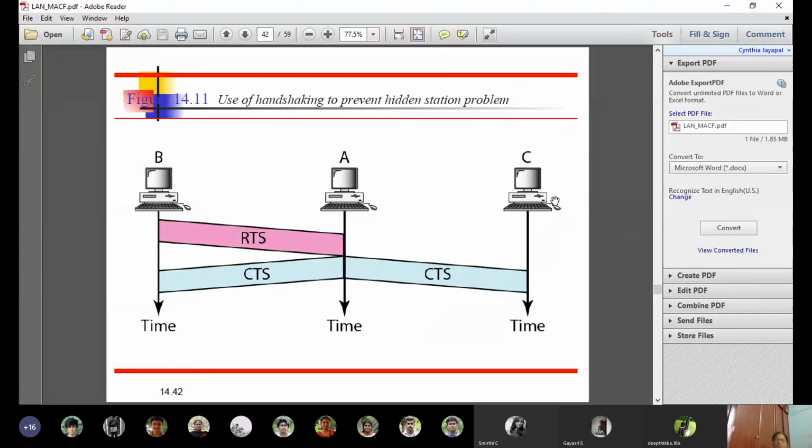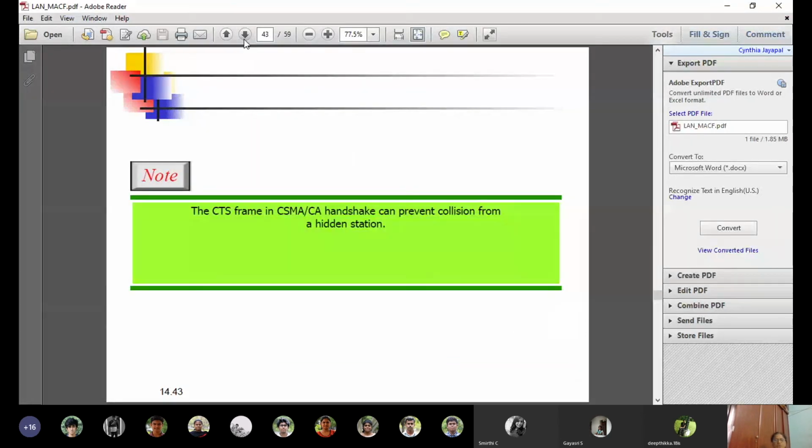How does C know how long B will transmit after the CTS packet? Through the network allocation vector. It is like an array that will be transmitted again by B to A, which contains who is transmitting to whom, that B is transmitting to A, and how long it wants to transmit. By seeing this network allocation vector, C will stop its own transmission for the next few seconds.